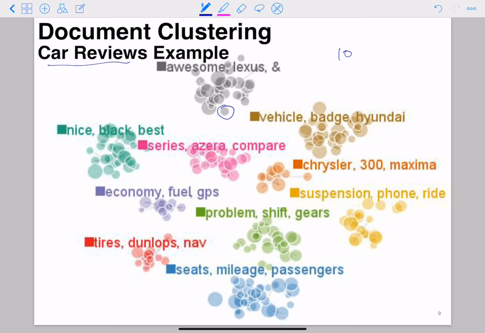This is a car review data set, about the Hyundai Genesis car model, and its reviews that I collected maybe in 2013. If a particular document is clustered into a cluster, in terms of the largest entry in the corresponding column of H, that's how we color coded each document.